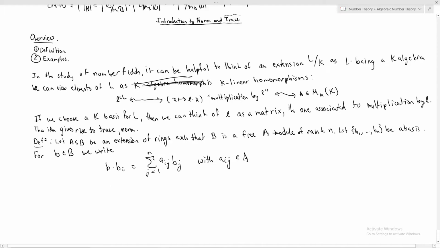We're essentially writing down the matrix of multiplication by b. So when you're thinking of this, you should be thinking that this matrix aij is the matrix of multiplication by b.